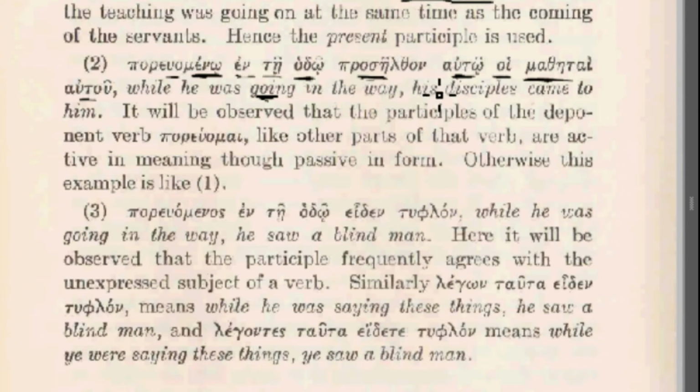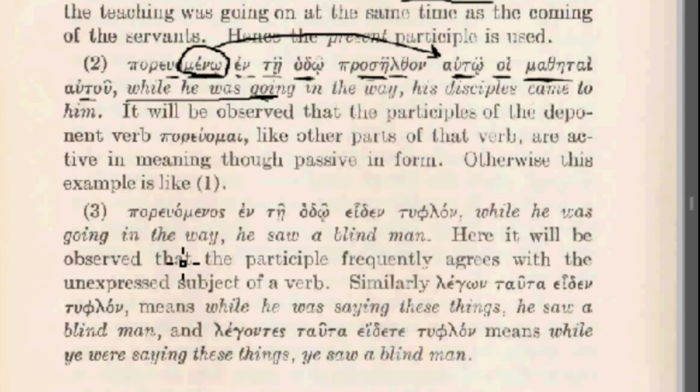So his disciples came to him, dative ending on the participle, while he was going. Notice that the aorist here requires that the participle follow the time frame of the leading verb, while he was going in the way. His disciples came to him while he was going in the way.